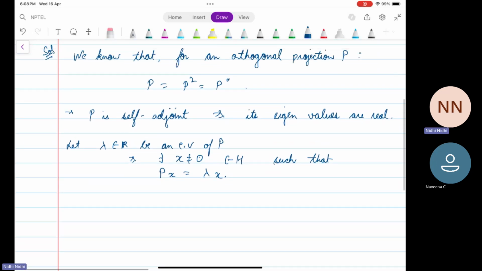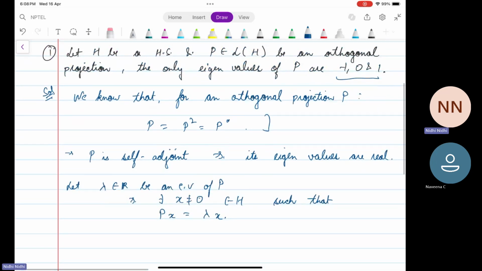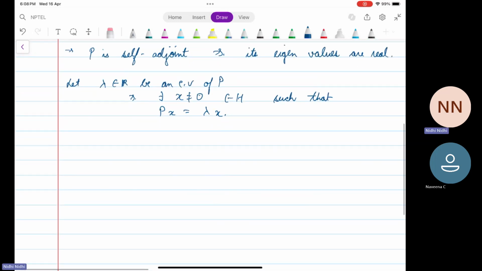Now using this one, we will get lambda x, which is equal to Px. Now since P is equal to P square, I can replace it by P square, which is P of Px. And again, since lambda is eigenvalue corresponding to the eigenvector x, this is P of lambda x.